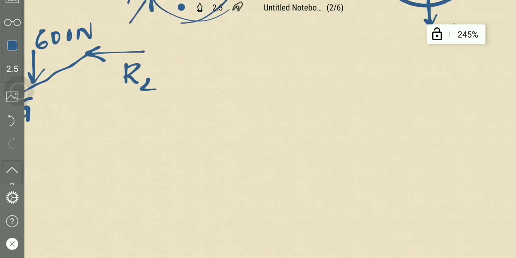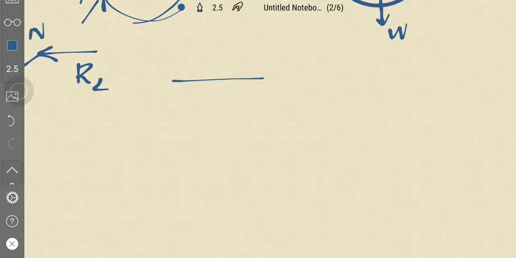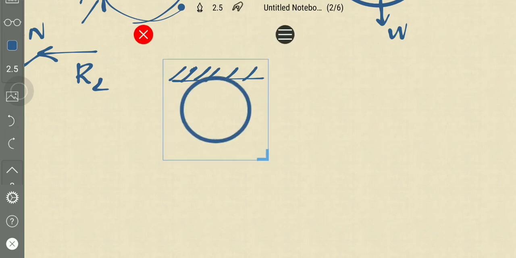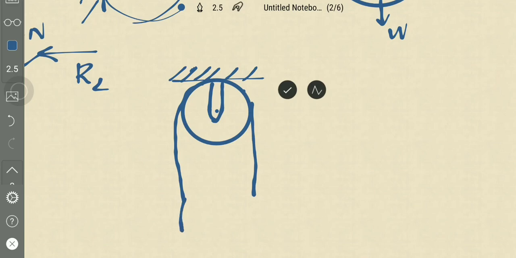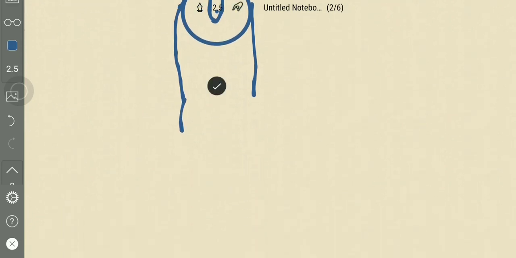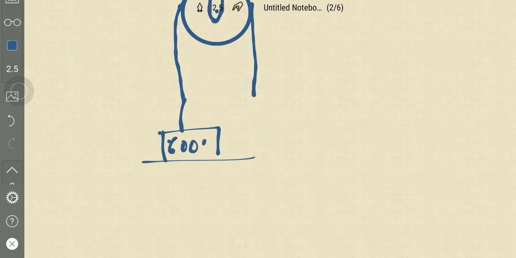And another type is there is a pulley, this is a pulley, a weight of 600 Newton is resting on the floor, and 400 Newton is in the air.